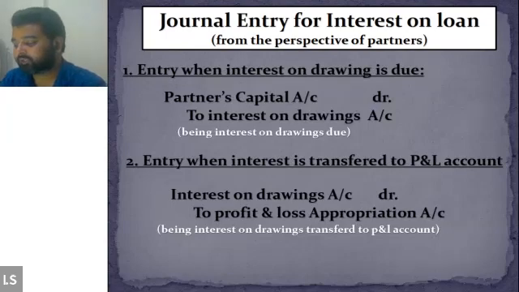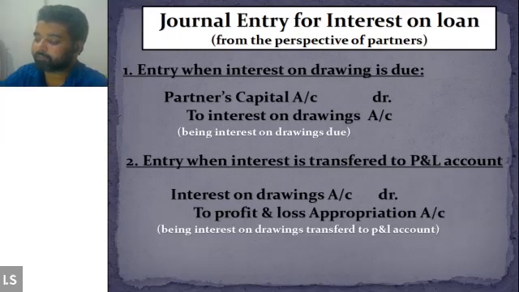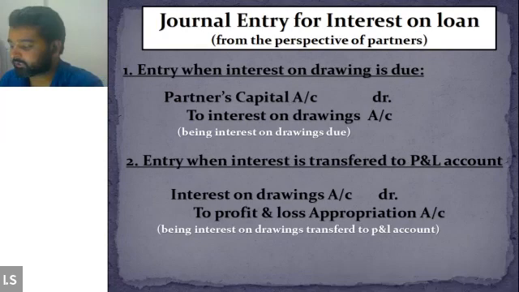Because it is a loss, or it can be treated as an expense for the partner. Therefore, we are reducing the capital of the partner, so we are debiting the partner's capital account. And finally, this interest is transferred to the profit and loss appropriation account: interest on drawing account debit to profit and loss appropriation account.